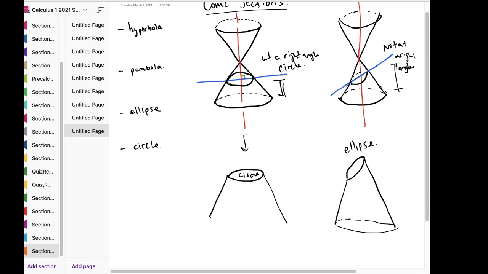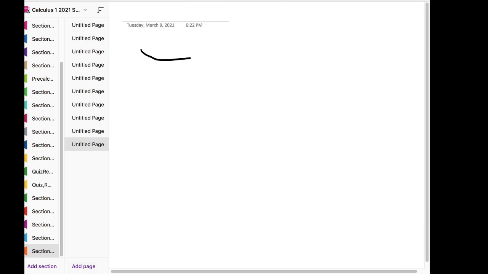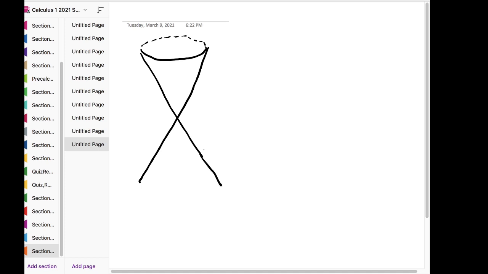Okay, how else can you cut the cone, you think? With respect to the axis. And maybe these lines can come into play too. Yeah, good.